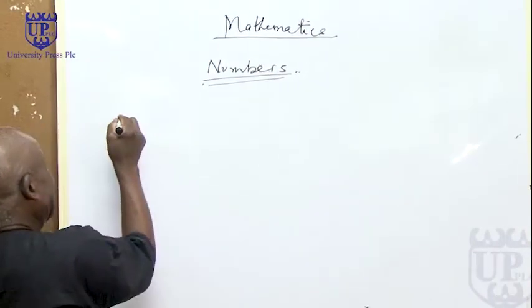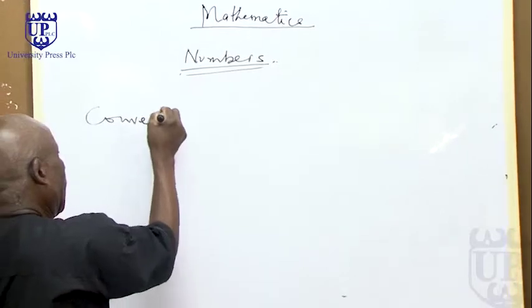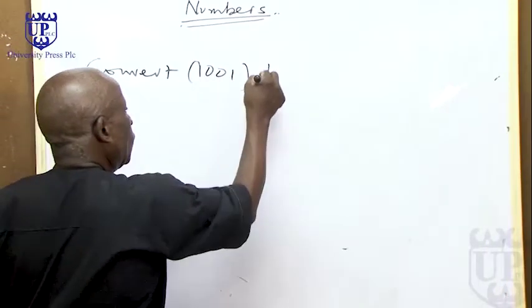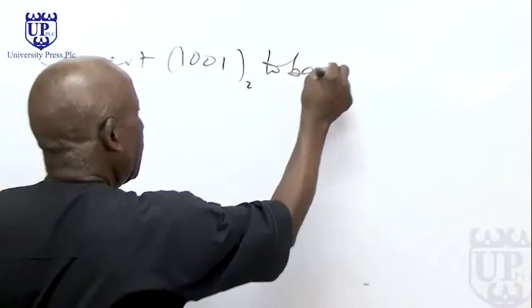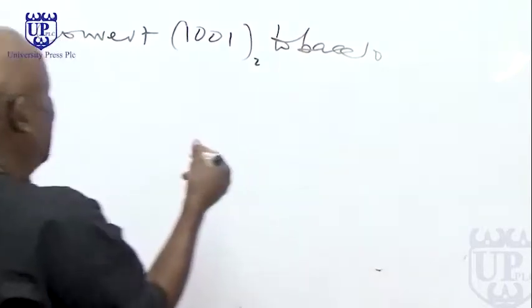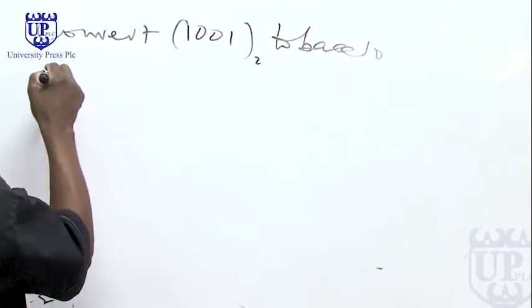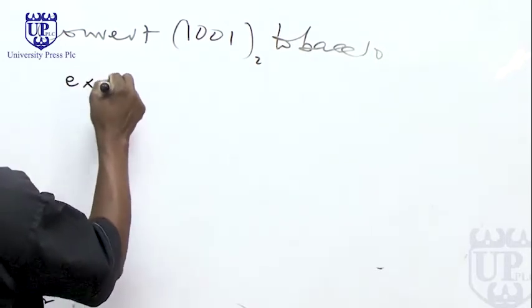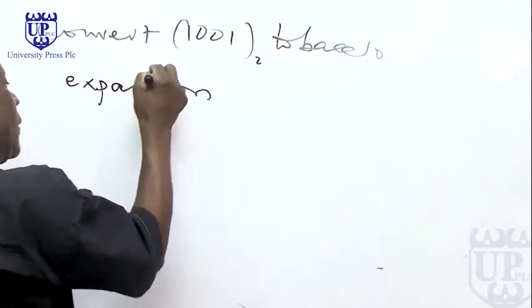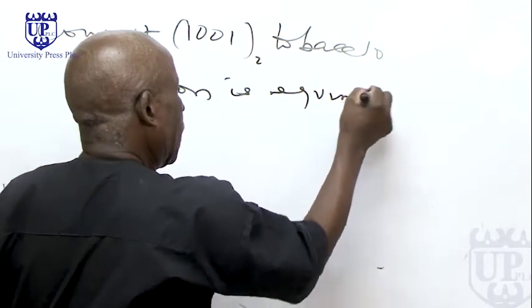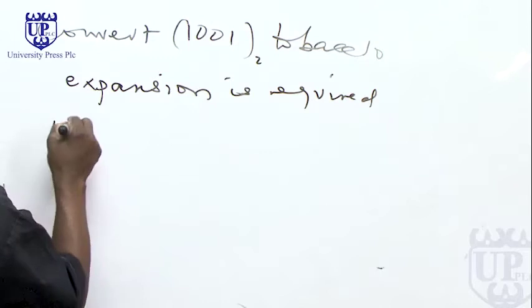Let's convert 1001 base 2 to base 10. I told you anytime you see that, they are only asking you to expand. Expansion is required. What is expansion? They are 1001.